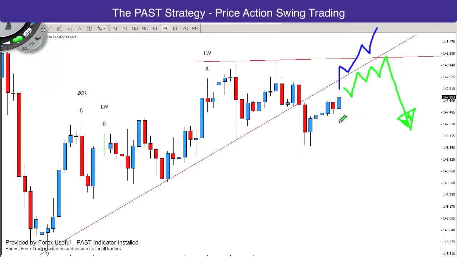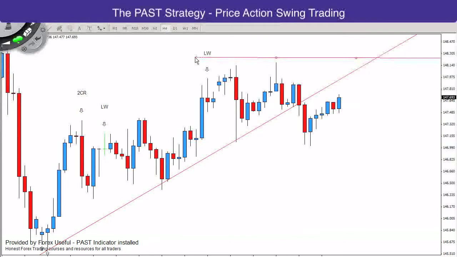So I said at the beginning of this series that we do always have to remain patient on these things. They do sometimes take some time to work themselves out, but we have set our boundaries here. We've seen where we would like to get involved, and we've seen where our line in the sand is, which if price gets beyond those levels, we have to concede that we are wrong and begin to cut losses.